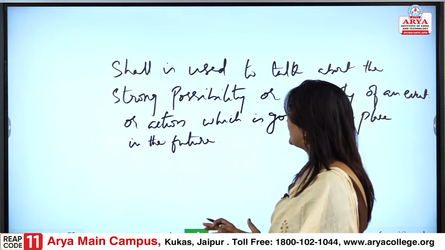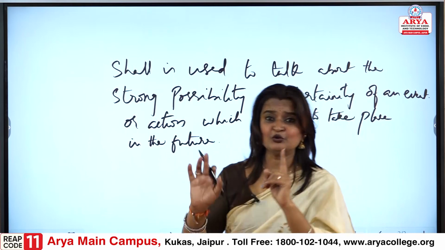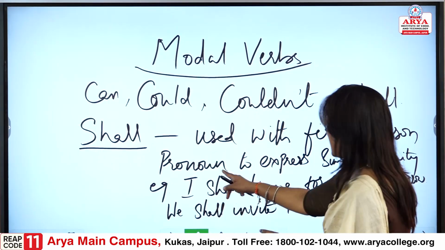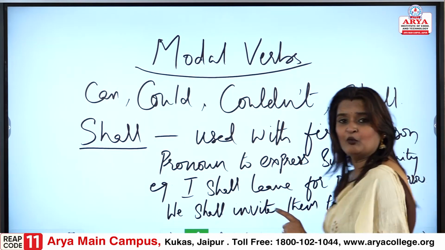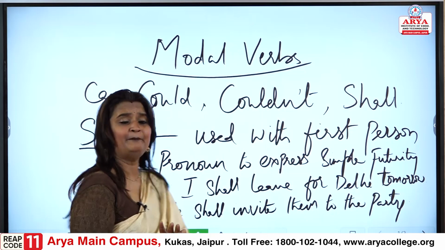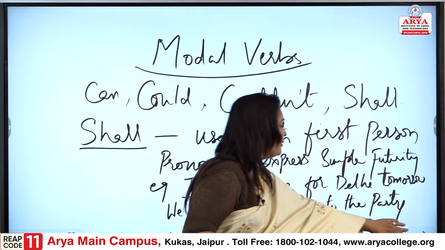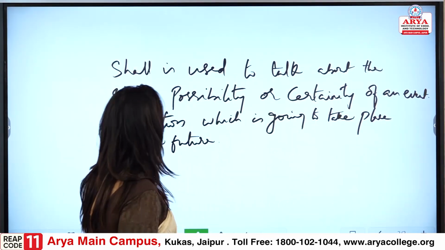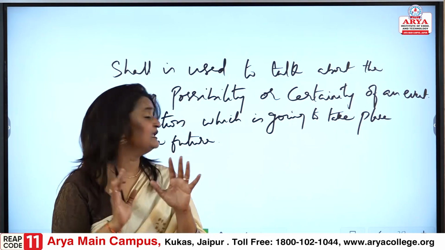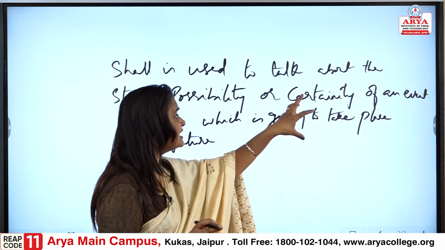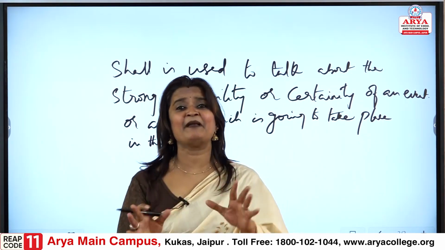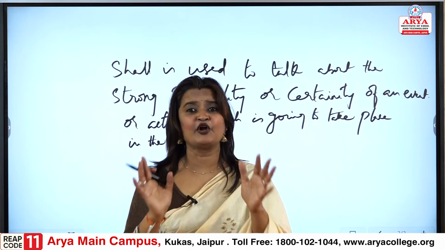So now when we are talking shall, in the above two sentences, when we see I shall leave for Delhi tomorrow, or we shall invite them for the party. Fine. When we are looking into this, shall is used to talk about strong possibility or certainty of an event. As I said, we have planned it. Everything is planned. It's going to happen.